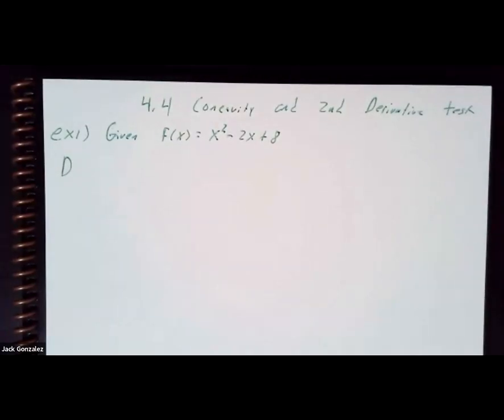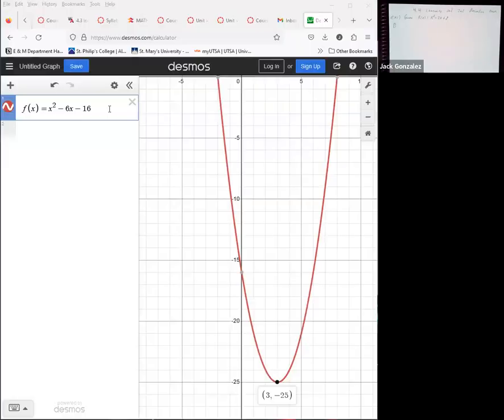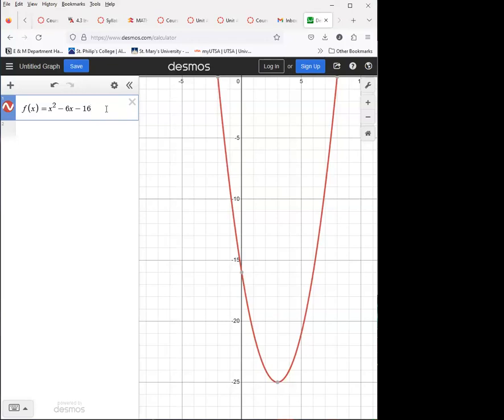What does concave mean? Let me give you a picture. Did you guys see the graph?